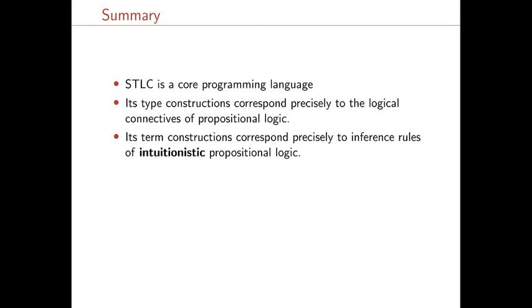We have the function types that correspond to implication. And we have the coproduct or the sum type that corresponds to disjunction. The term constructions of simply typed lambda calculus correspond precisely to inference rules of intuitionistic propositional logic. The classical rules do not correspond to anything in the simply typed lambda calculus.